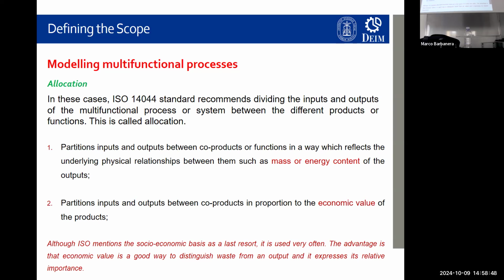But in this case, about wheat and straw, probably economic value is better than the mass content of the products. As regards the energy content, instead, the energy content could be applied only if the product and the byproduct are both used for energy applications, for energy valorization.